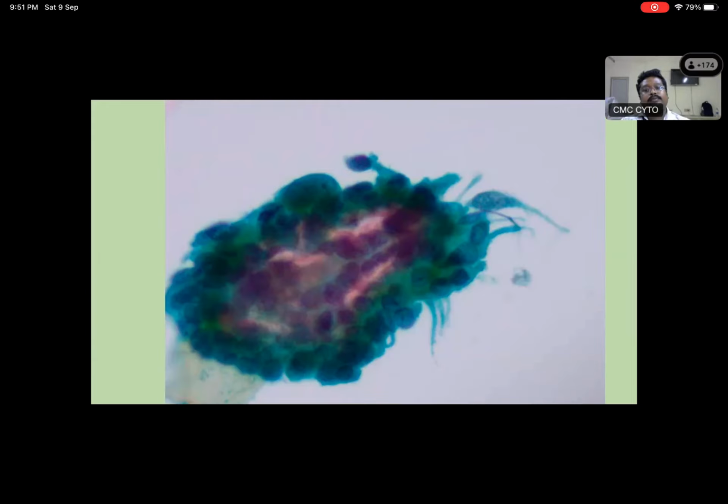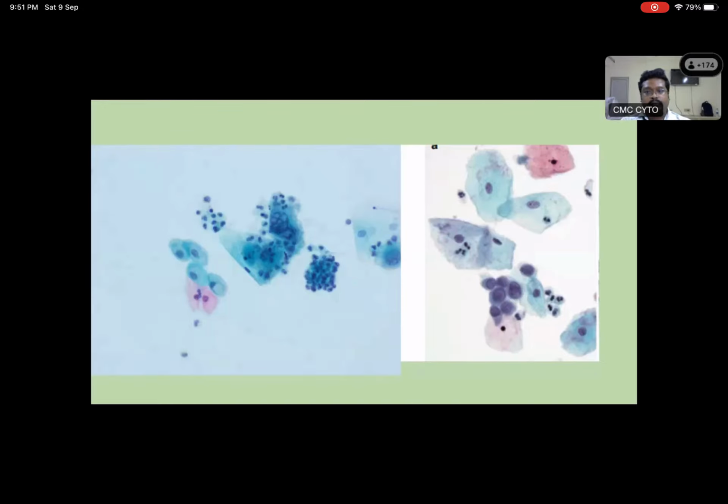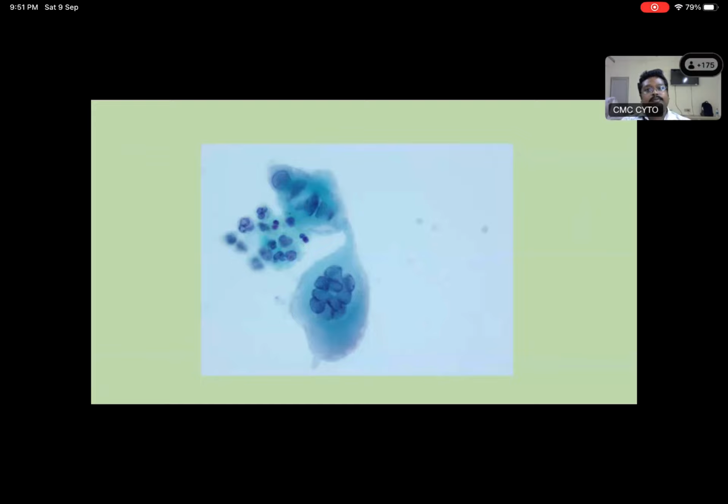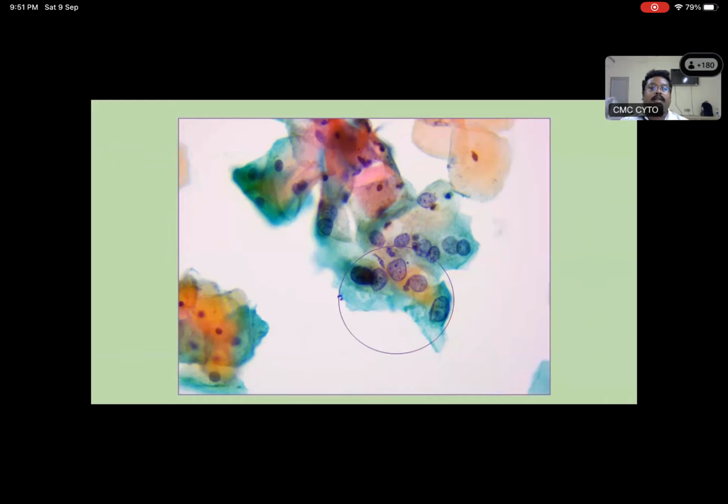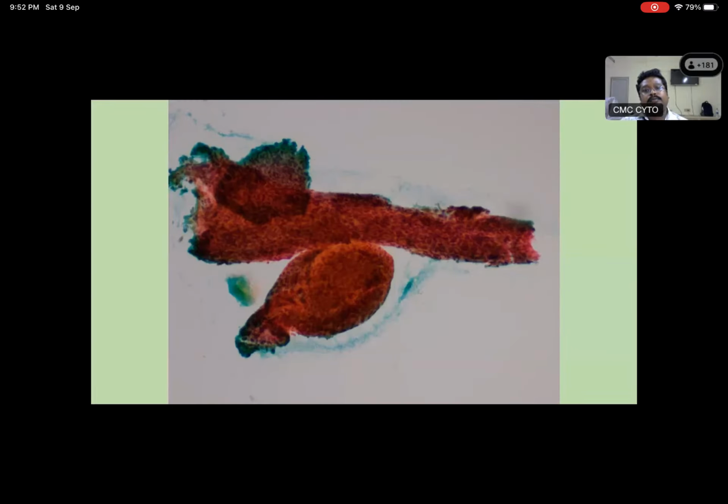Go to the next spotter. Next one. So you mark the cells which you need to concentrate on. The last one.